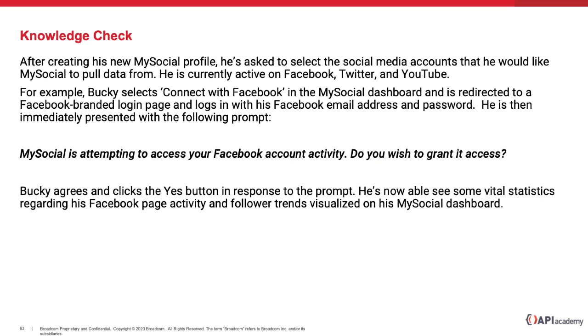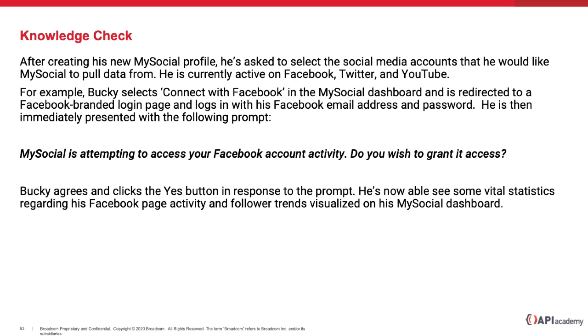After creating his new MySocial profile, he's asked to select the social media accounts that he would like MySocial to pull data from. He's currently active on Facebook, Twitter, and YouTube. For example, Bucky selects Connect with Facebook in the MySocial dashboard and is redirected to a Facebook-branded login page and logs in with his Facebook email address and password.